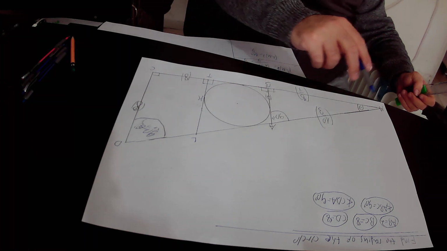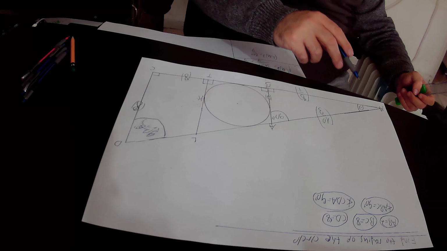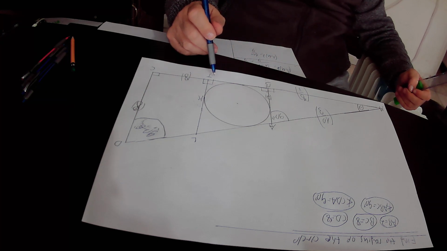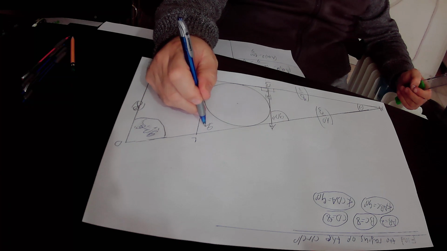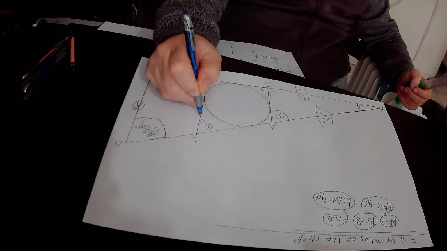In this big right triangle, this angle equals theta, this angle equals 90 degrees, therefore the missing angle here must be equal to 90 degrees minus theta.